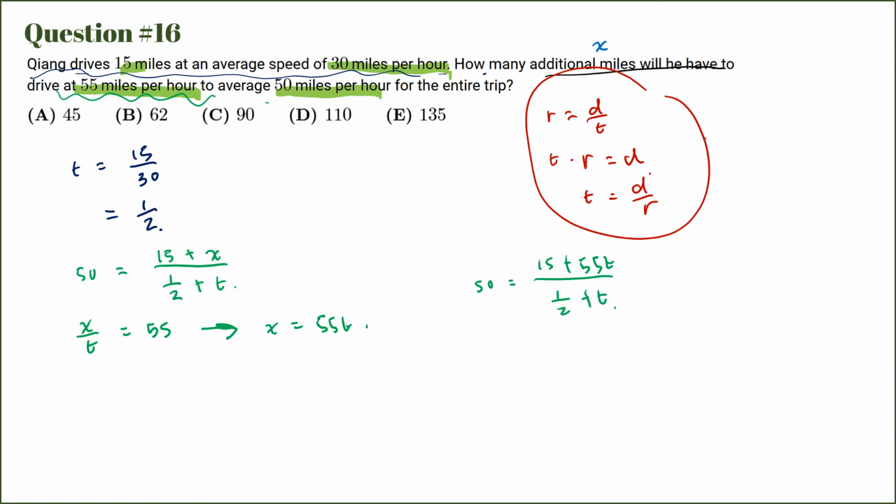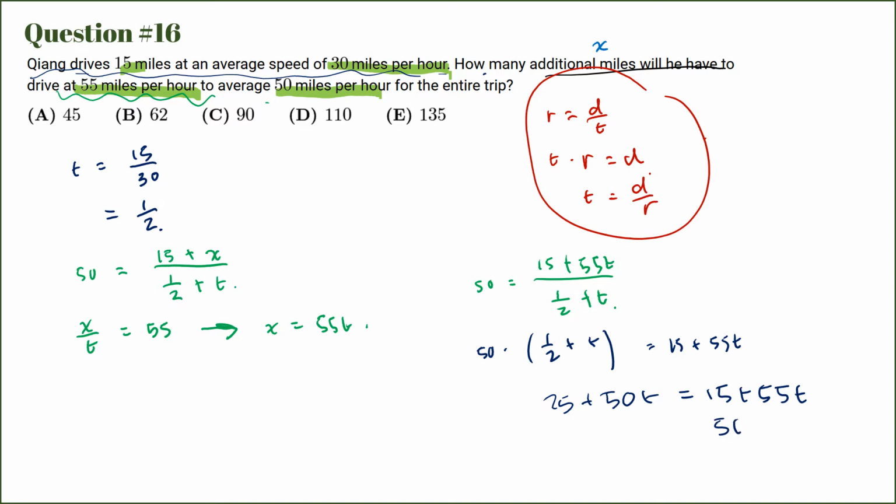Now we can just solve this equation for t. So 50 times 1 over 2 plus t equals 15 plus 55t. So that equals 25 plus 50t equals 15 plus 55t.